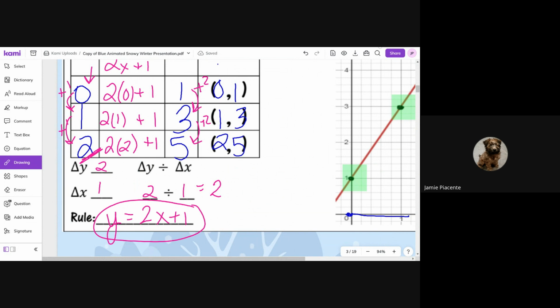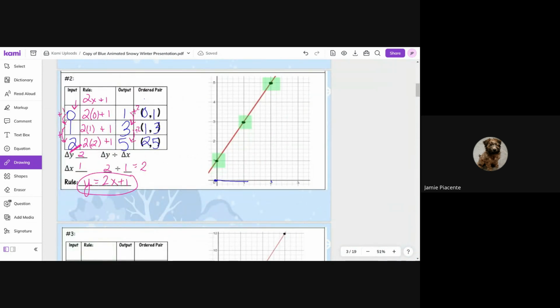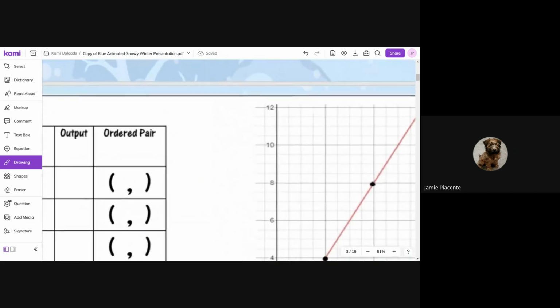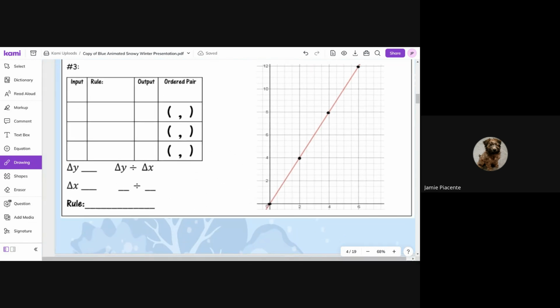Okay, hopefully we're getting the hang of this. Let's keep going and look at number 3. Let's choose these 3 points: 1, 2, 3.